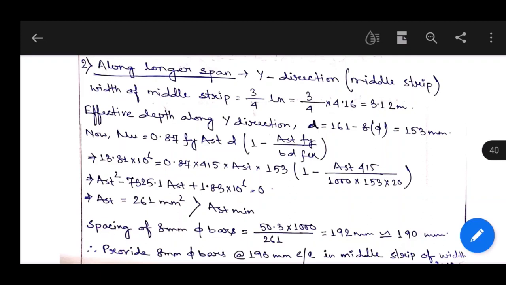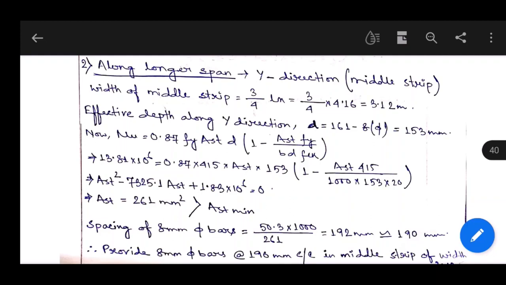Mu is 13.81 into 10 to the power 6, that is equal to 0.87 into 415 into AST into 153 within bracket 1 minus AST into 415 over 1000 into 153 into 20. So all these values are known, only AST is unknown, and Mu was calculated earlier in this solution. So from this equation, area of steel will be 261 mm square, that is greater than AST minimum.